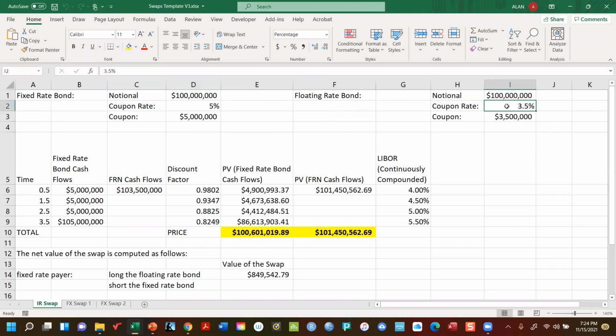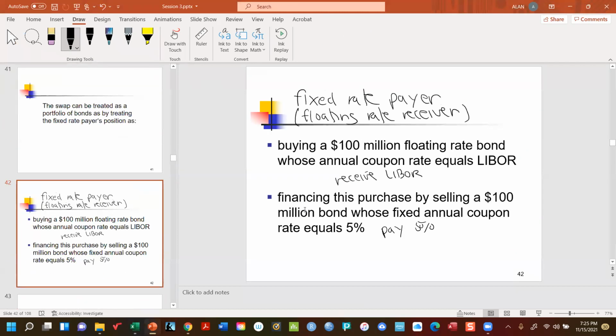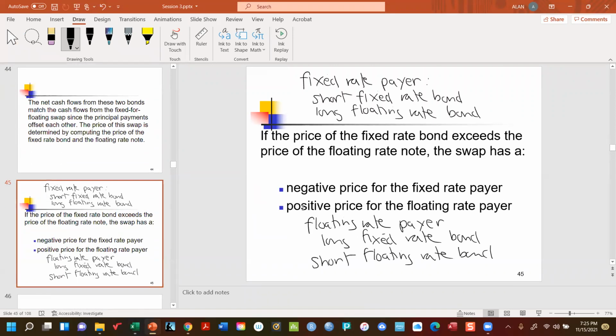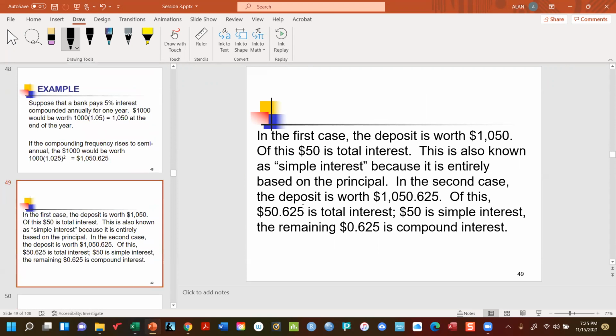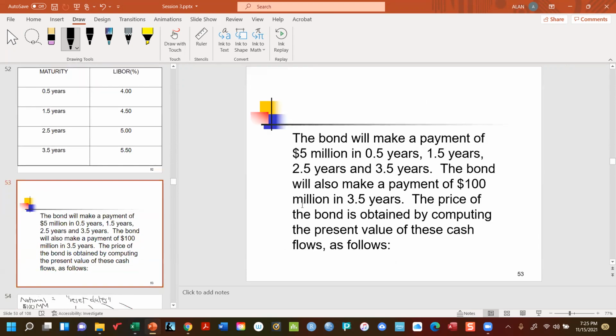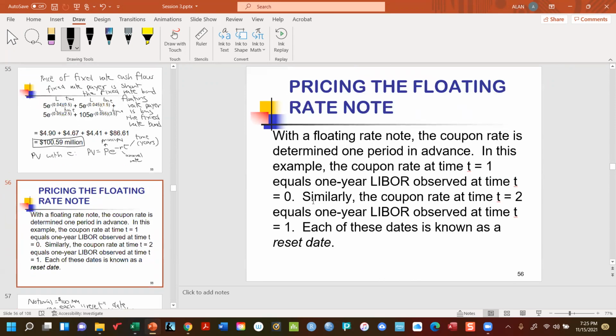The coupon is currently 3.5% because, well, let's see why. I think it got slipped in here somewhere.